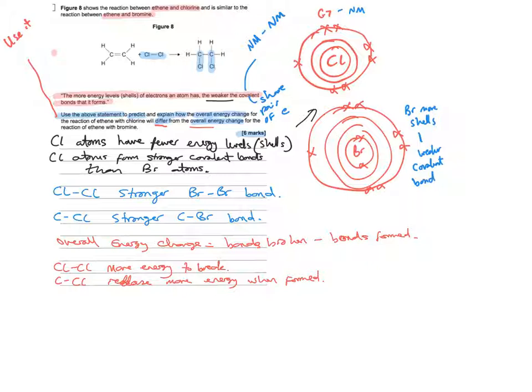So to break the chlorine-chlorine bond requires more energy because it's stronger, but I'll also in return get more energy released. So I can't exactly say what's going to happen because I need the exact numbers to understand if it requires more to break them or form them.